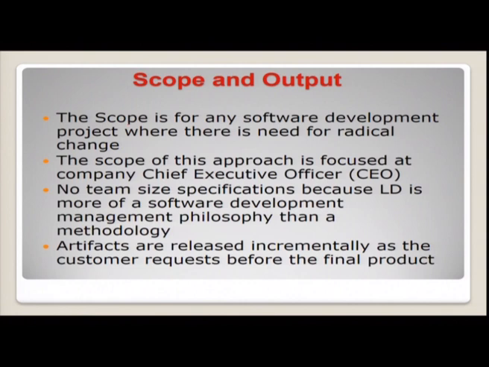No team size is specified because lean development is more of a software development management philosophy than a methodology. Artifacts: the artifacts are released incrementally as the customer requests, before the final end product is delivered. So this is the scope and output of lean development.